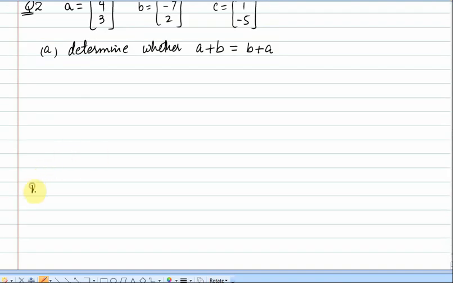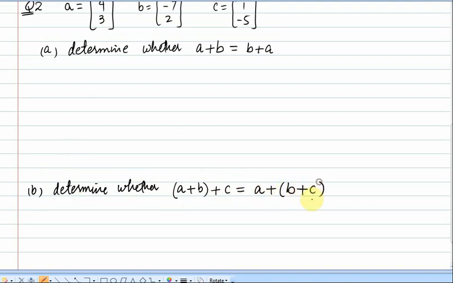Next part is determine whether A plus B plus C is equal to A plus B plus C, grouped differently.